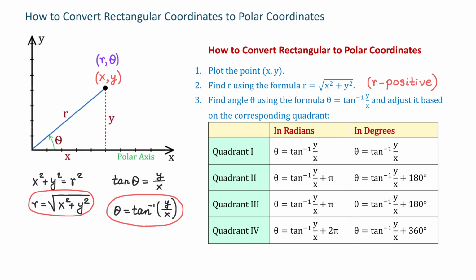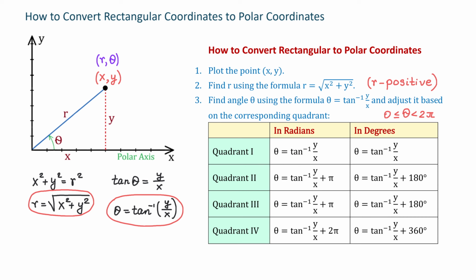Recall that we want theta to be an angle that is greater or equal to 0 and less than 2 pi, which is 360 degrees. If the point is in quadrant 1, then to find theta, we just use the formula inverse tangent of y over x.